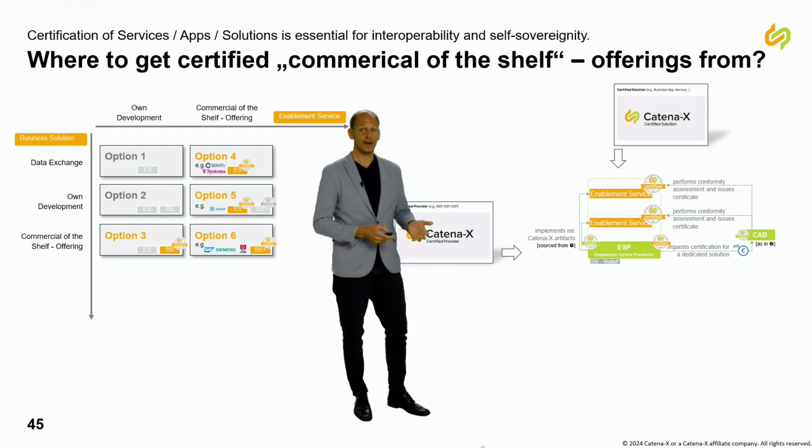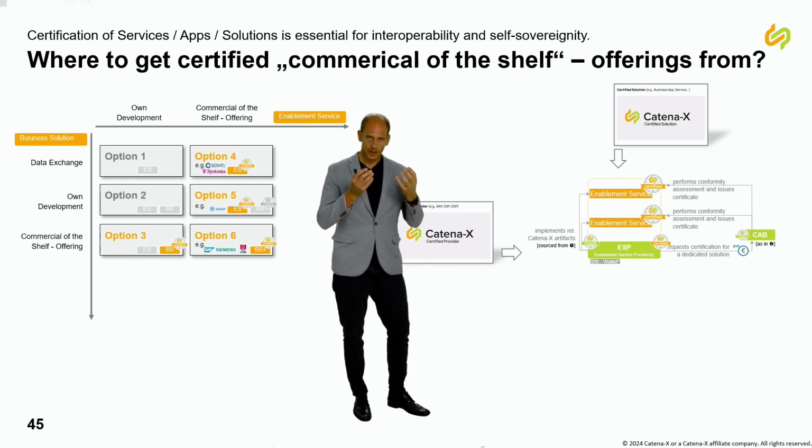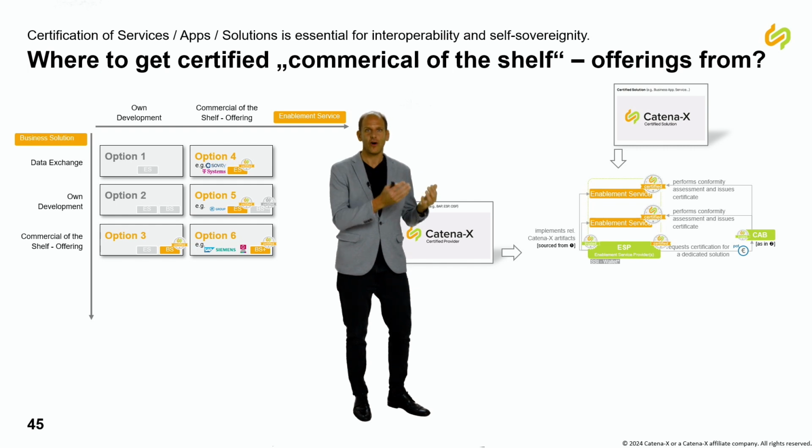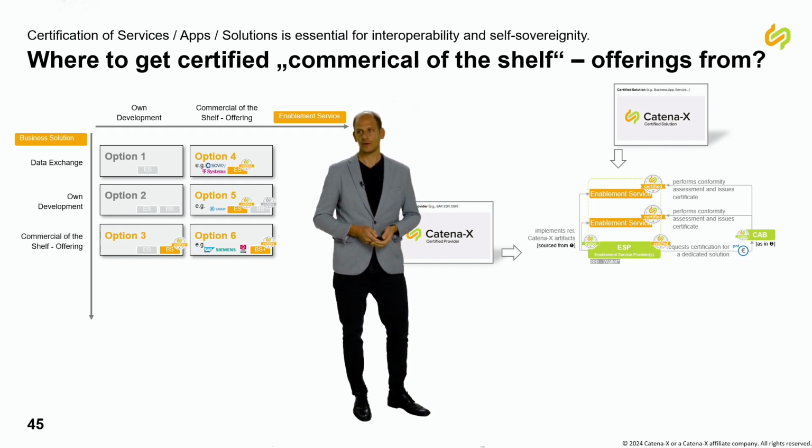So first, as an ESP, you have to use the documents and the Tractus-X code, then build your service. You are a trusted partner already. Then you go to the conformity assessment body and you get certified. And again, you certify all services that you provide. So this is always the same process.